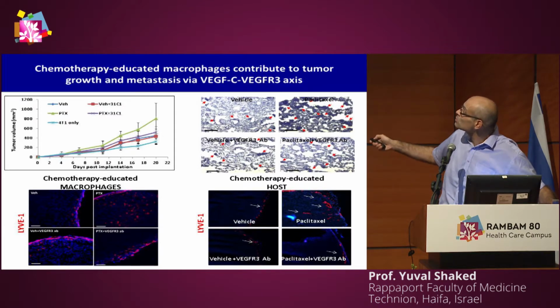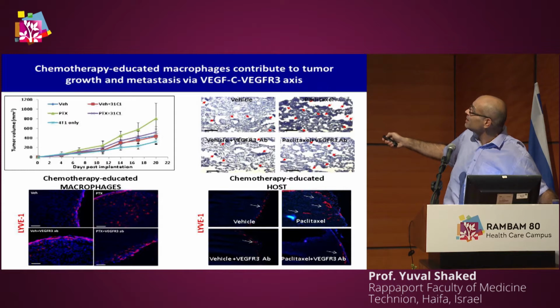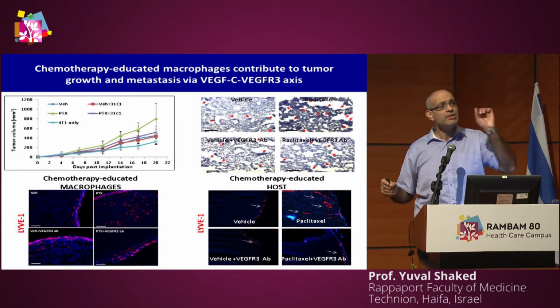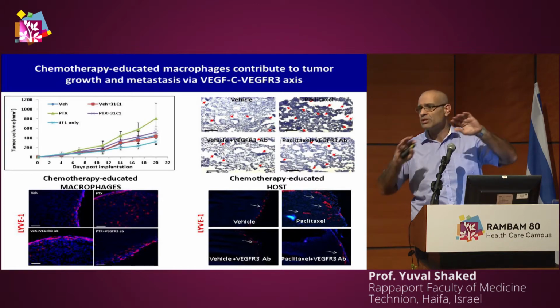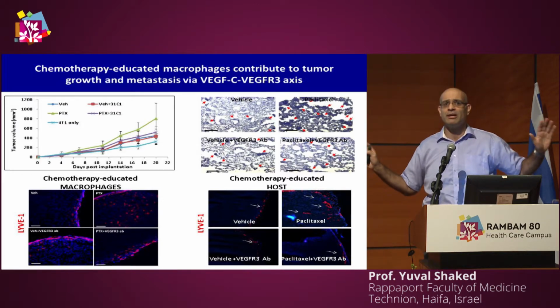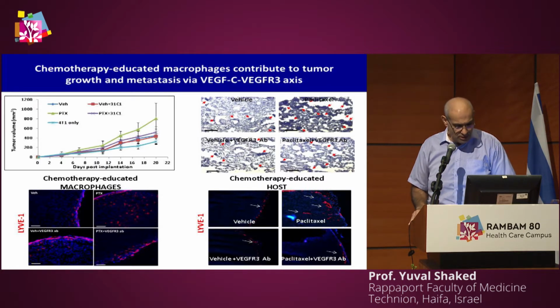And in fact, when you use chemotherapy plus anti-VEGF receptor 3, they are almost like all the others. We also found that there are more metastases in these tumors. And again, the only thing we change is the education of the macrophages. The tumors are the same for all the groups. The only change is the phenotype of the macrophages.